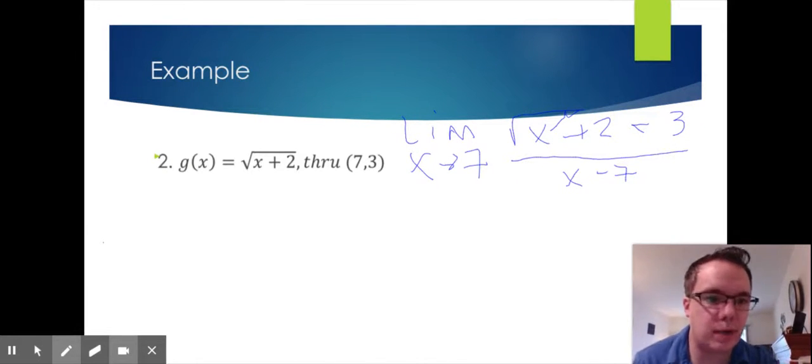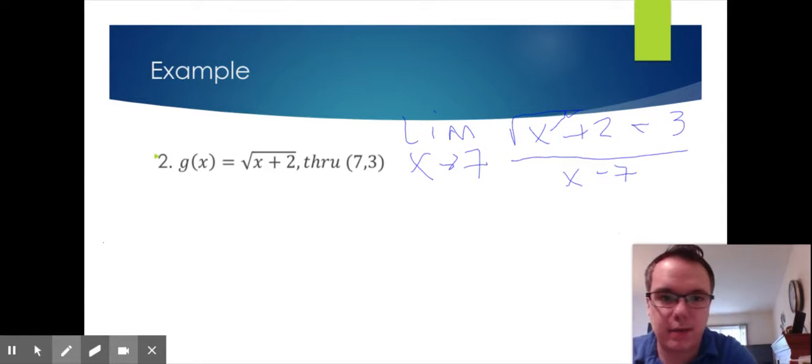Remember when we had a radical and we couldn't do anything to have anything cancel out, we had to multiply by the conjugate. So I'm going to multiply the top and bottom by the square root of x plus 2 plus 3, because I have the square root of x plus 2 minus 3 on top.